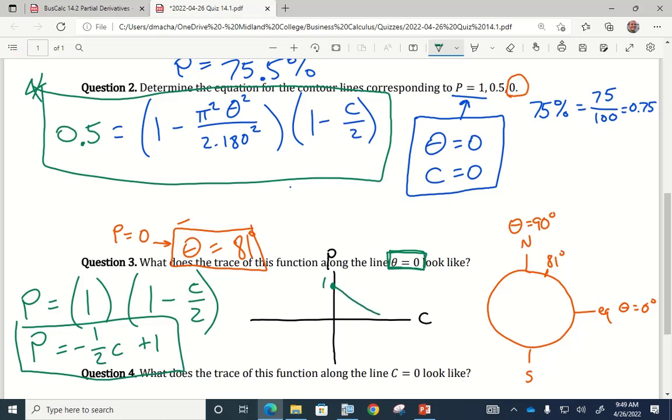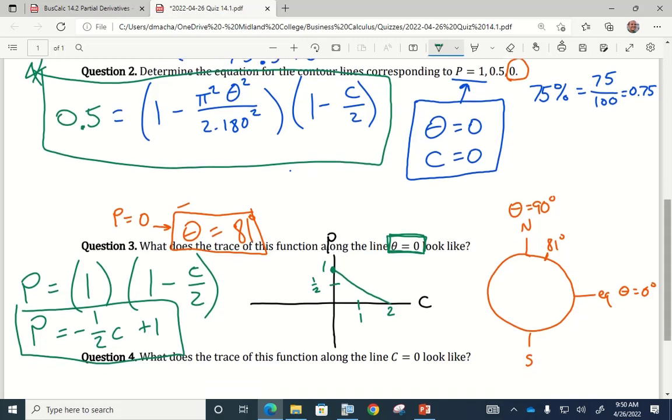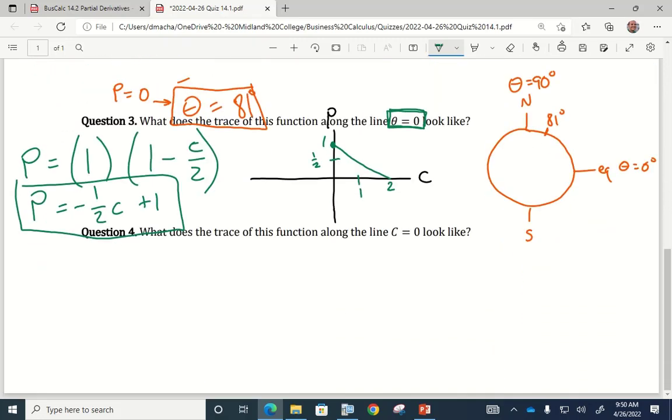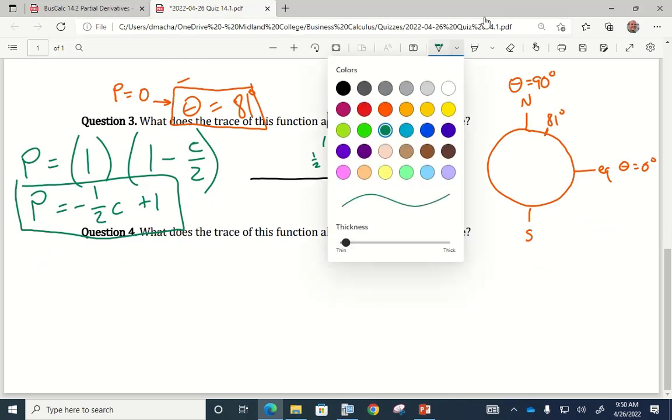And so this is kind of what the trace of that function looks like. As your C value goes from 0 to 1, your P value goes from 1 to 1/2. That's what we mean by the trace. You just set one of the values of your independent variables, and then you see what is your new single variable function that you're left with.